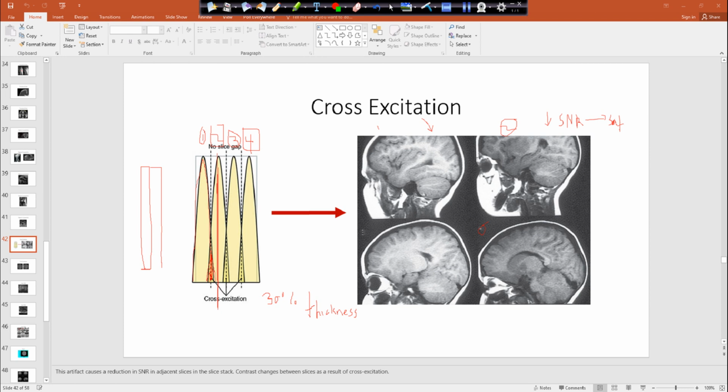So if you see motion on your brain, I think I was with Keisha, she was just observing, but we were doing a brain, and there was no motion on one particular image. But as you flip through all the axials, it looked like the patient was just going like this, you know what I mean? What was happening is, during the first run through, the patient wasn't moving on slices 1 and 3.